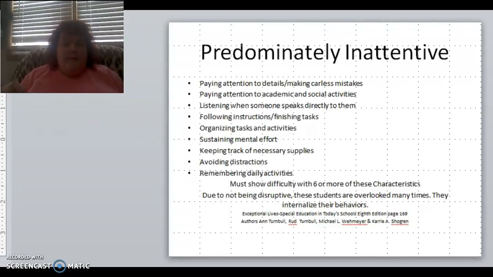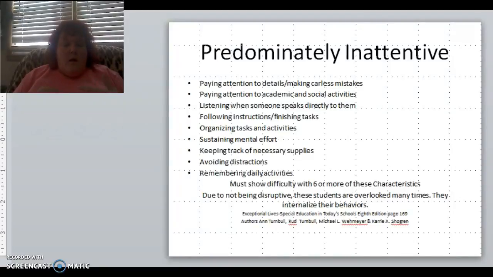Organizing tasks and activities. They can't put things together that they would have to do a task or an activity. Sustaining mental effort, the time it takes to constantly think about this specific task to get it done. Tests, assessments, etc. are hard for them.